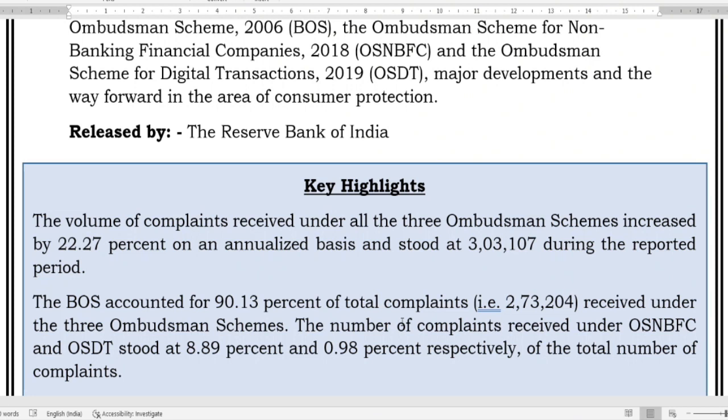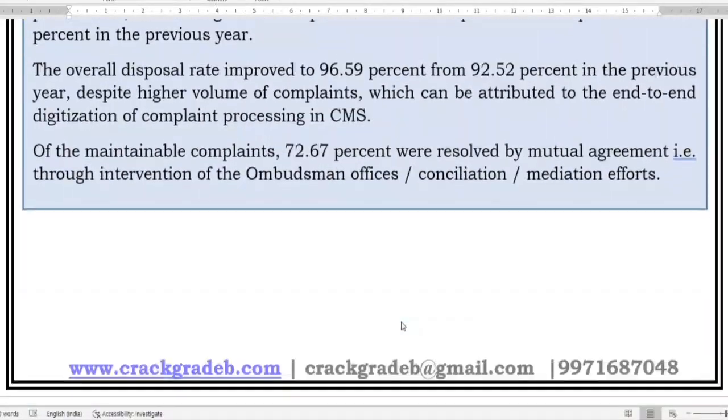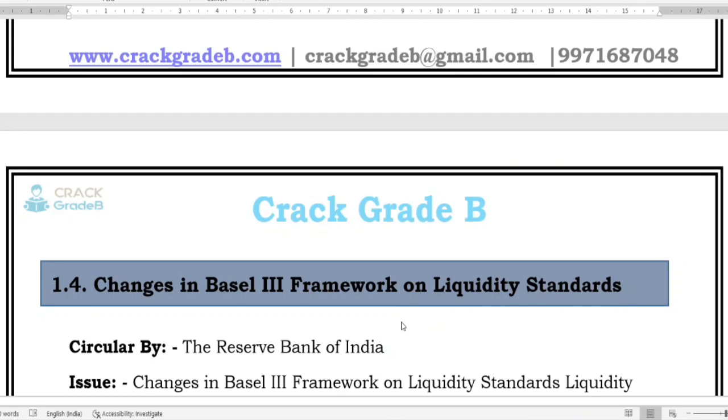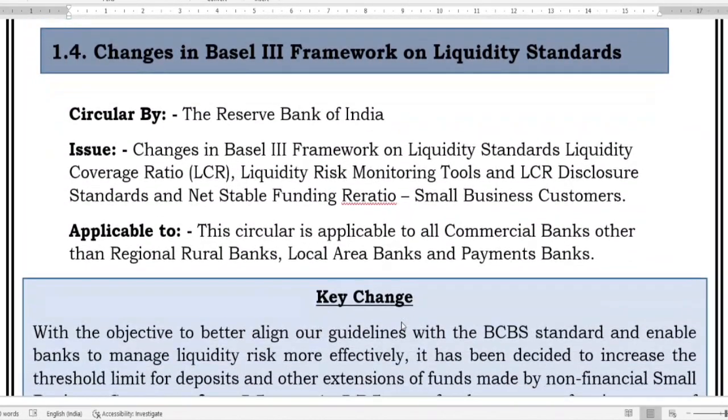Just think: when you have some problem with a commercial bank or any bank, you will go to the daddy of the bank, that is the Reserve Bank of India, and tell them, see, these people are doing this thing. This means that there is a problem in governance in that bank. So if you correlate this topic with governance, then it becomes more important, right? And this data will help you in the descriptive paper. You can go through it twice or thrice, and that would be enough.